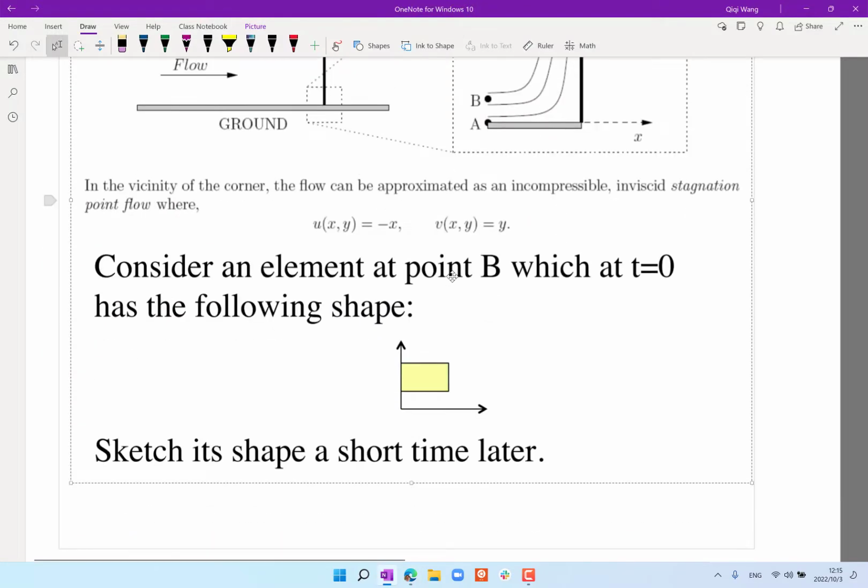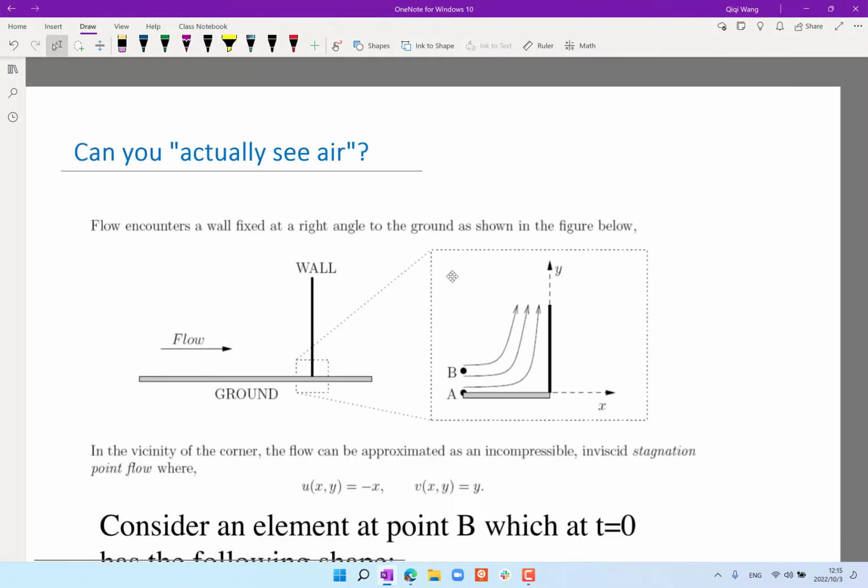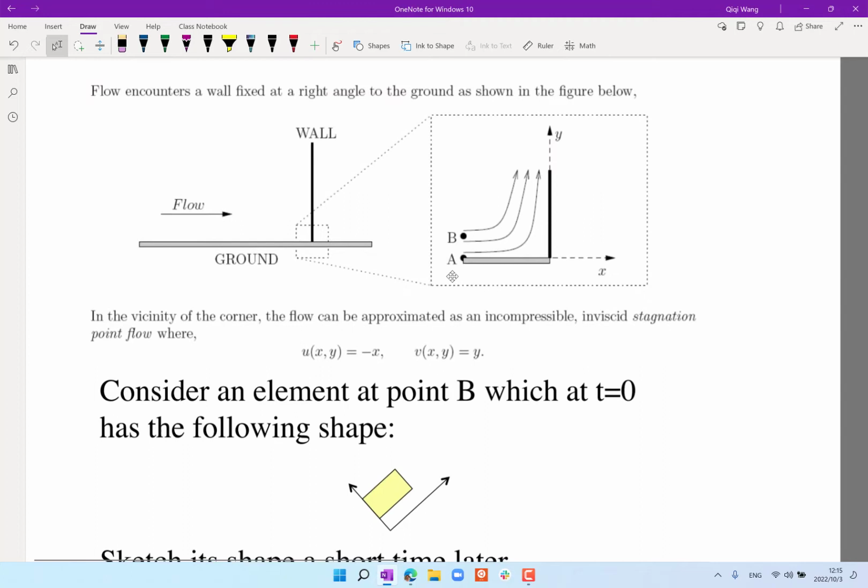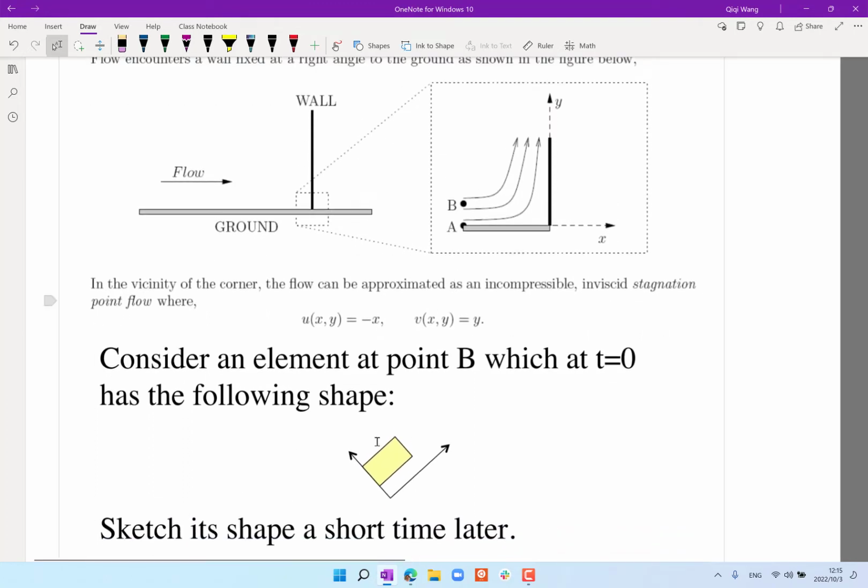All right. What if you have the same flow but a rectangle that's skewed? What do you think is going to happen to the flow, to this rectangle? It still gets stretched, but in what direction?